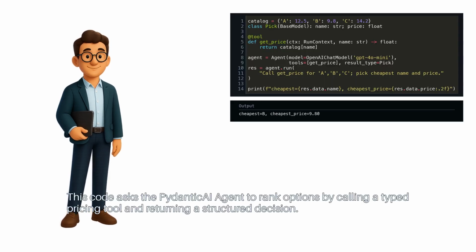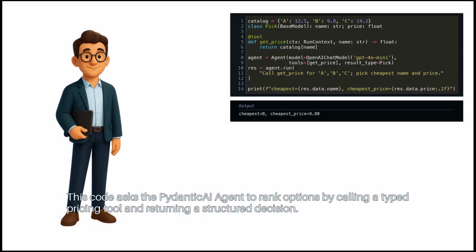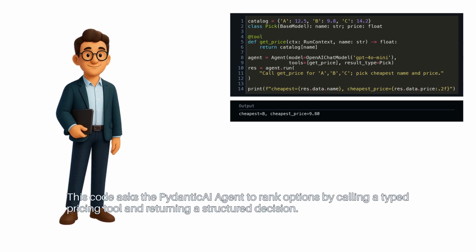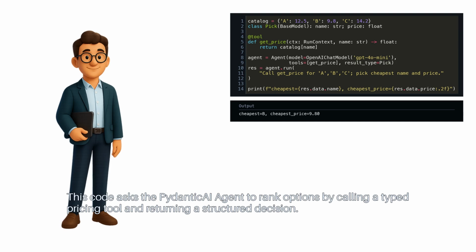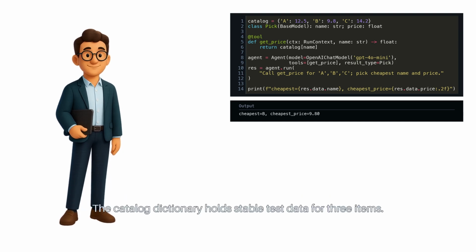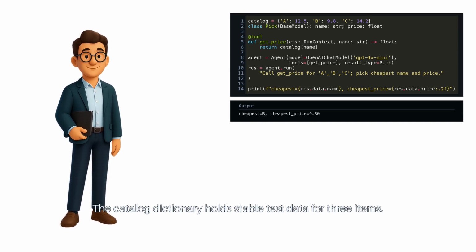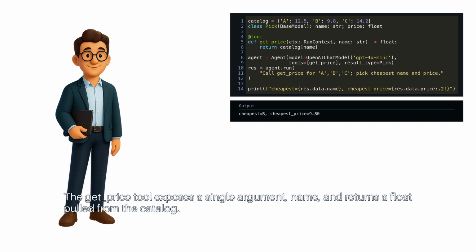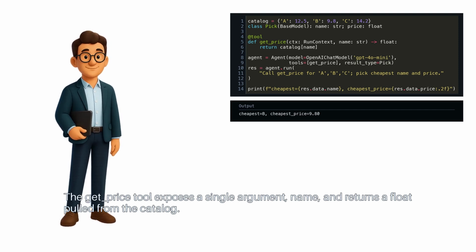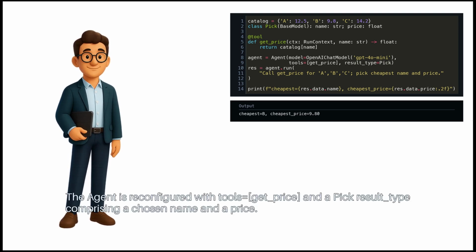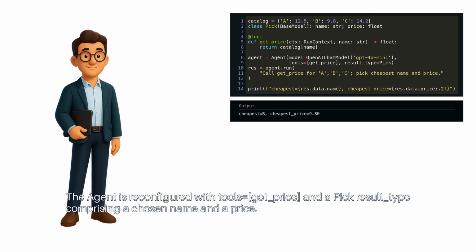This code asks the PydanticAI agent to rank options by calling a typed pricing tool and returning a structured decision. The catalog dictionary holds stable test data for 3 items. The getPrice tool exposes a single argument, name, and returns a float pulled from the catalog. The agent is reconfigured with tools getPrice and a Pick result type comprising a chosen name and a price.